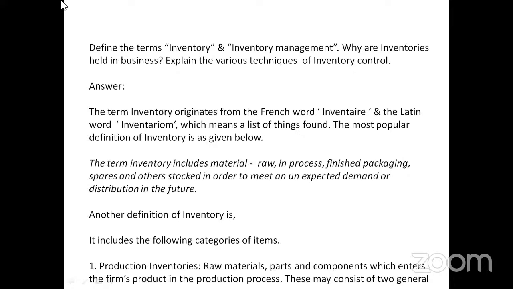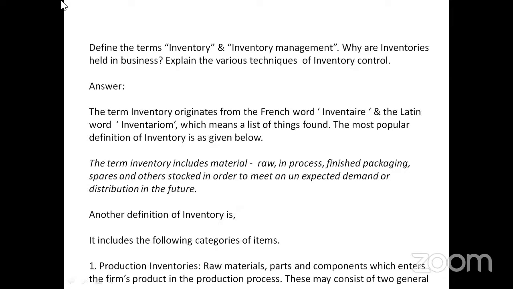Now, second thing, if you have enough stock, then there is a cost involved in it. What cost? When you are keeping a stock of material, depending upon the amount of money you have spent, your funds are blocked. That money you call as the working capital. There is an interest on the working capital.